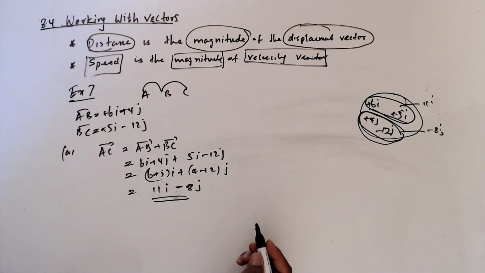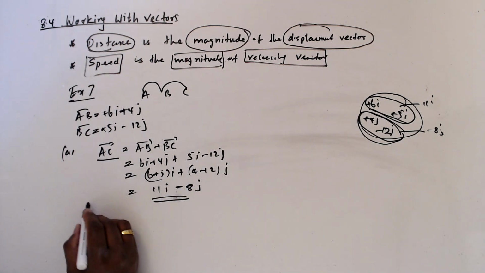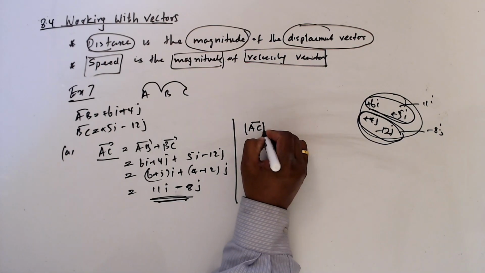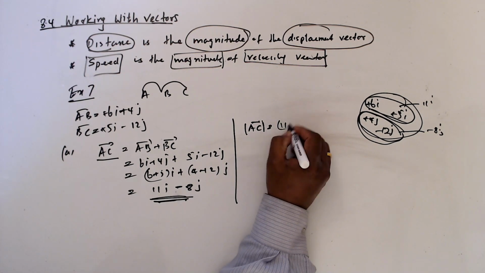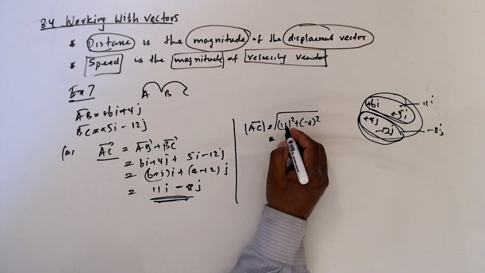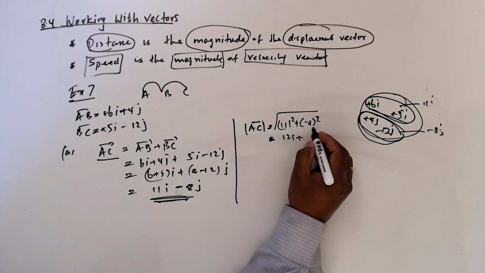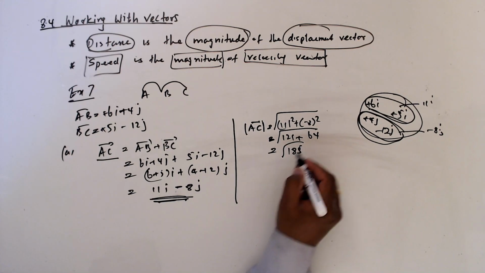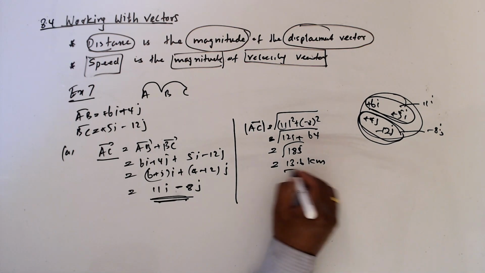So this is the displacement vector, and we need the mod value, that is square root of 11 squared plus minus 8 squared, that is 121 plus 64, square root of 185, approximately 13.6 kilometers.